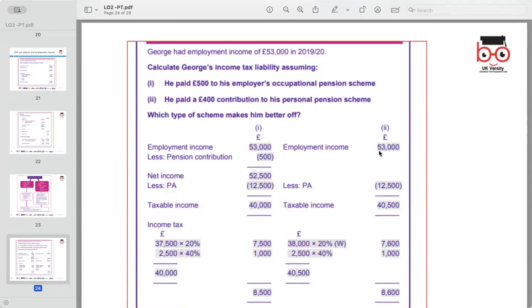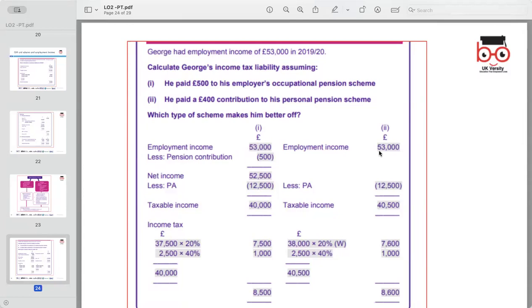With the employer's occupational pension scheme, taxable income is 40,000 pounds: income tax is 37,000 pounds multiplied by 20% basic rate plus 2,500 pounds multiplied by 40% higher rate. So 7,400 plus 1,000 is equal to 8,500 pounds. With the personal pension scheme, taxable income is 40,500: 38,000 at the 20% basic rate plus 2,500 at 40%, which is equal to 8,600 pounds, 7,600 pounds plus 1,000 pounds.